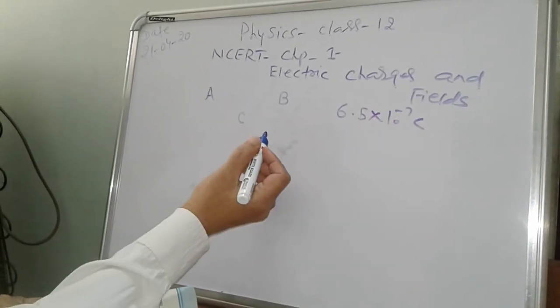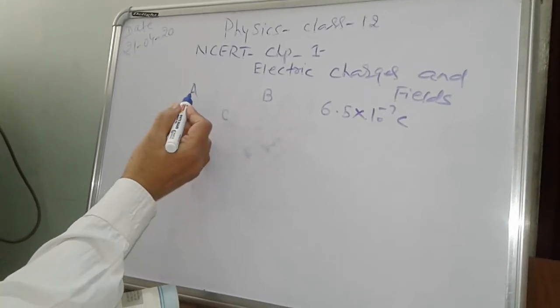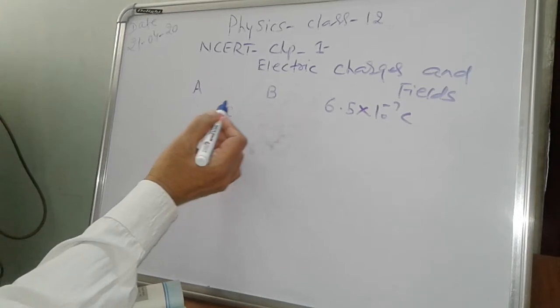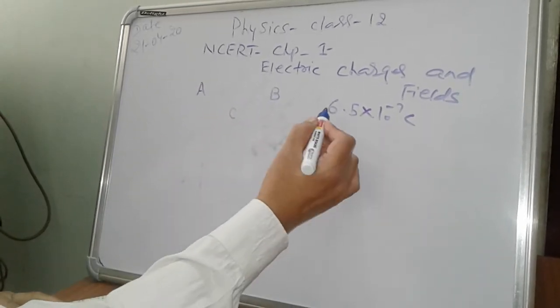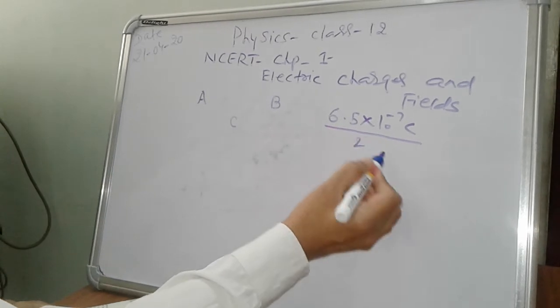Now when uncharged sphere C is placed in contact with A, as they have the same size, the charge would become half, that is 6.5 into 10 to the power minus 7 by 2.